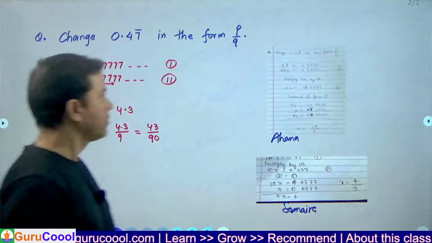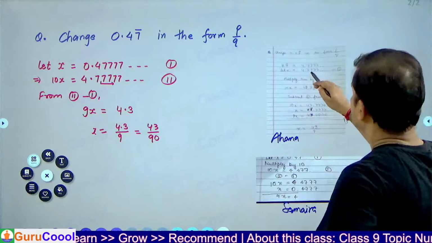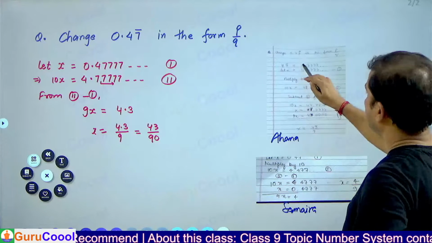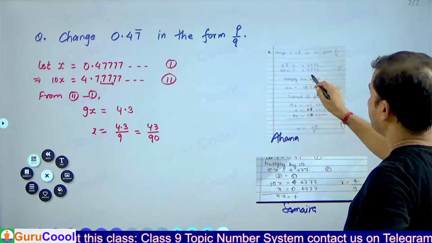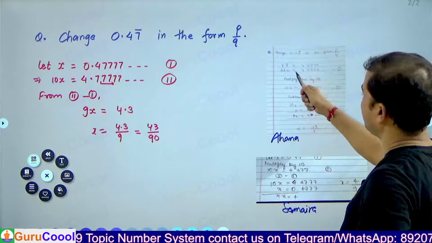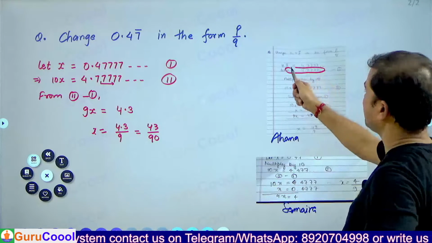So what went wrong this time? Now I see you have written the first equation itself wrong. You have written, Ahana, 4.77 for x. x is equal to 4.77. That's wrong.